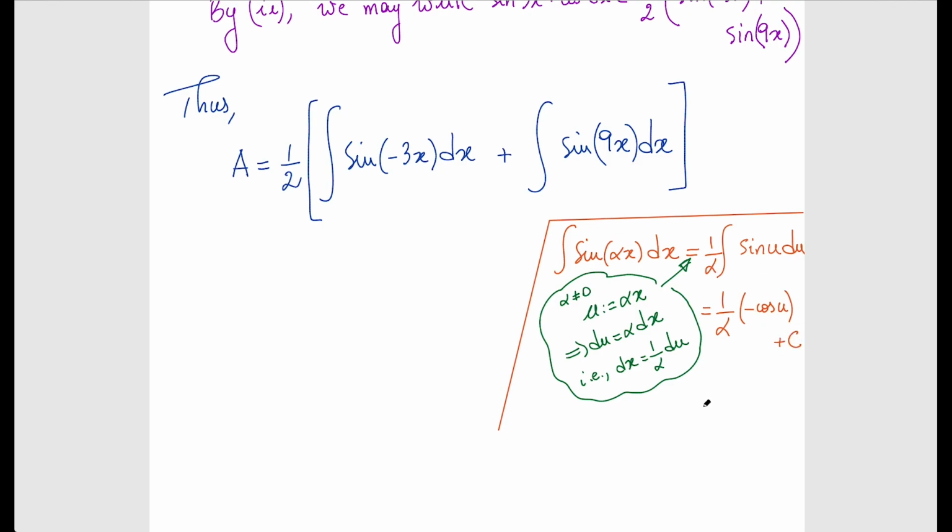Agree with that? So this is then equal to 1 over alpha times negative 1 cosine of u, and u is alpha x, plus a constant, correct? Let's just erase the constant and combine all the constants at the end of the day.